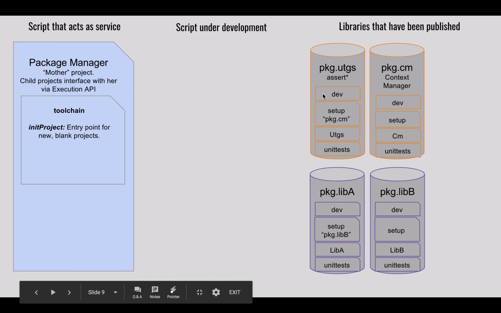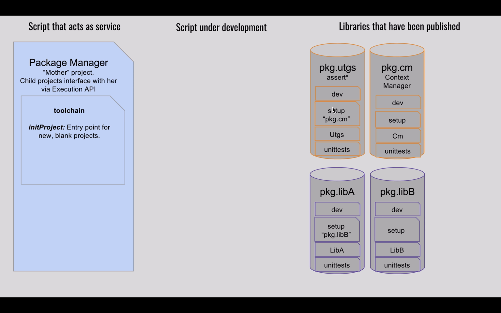The idea is that when I run this init project, it will make a new project, and then it will incorporate UTGS into the project automatically. Then by looking at the setup file, it knows that it needs to include the context manager, which it does as well.